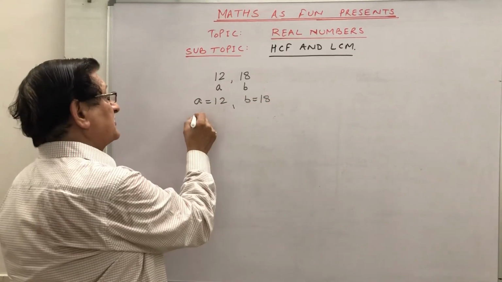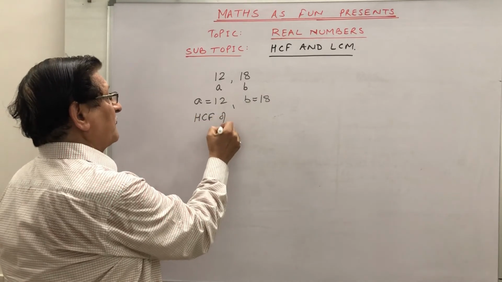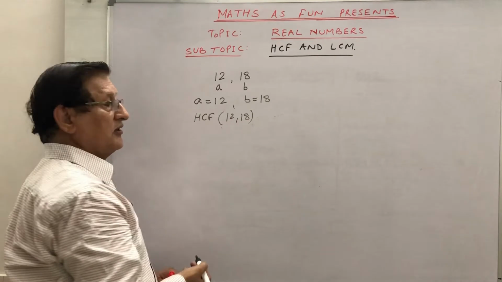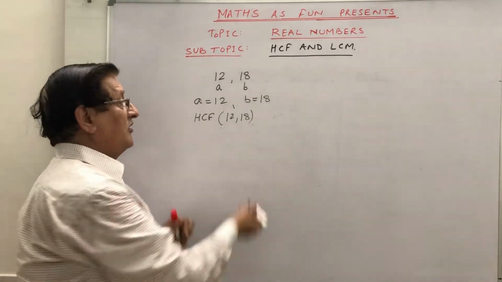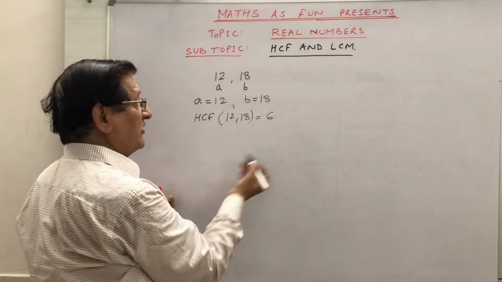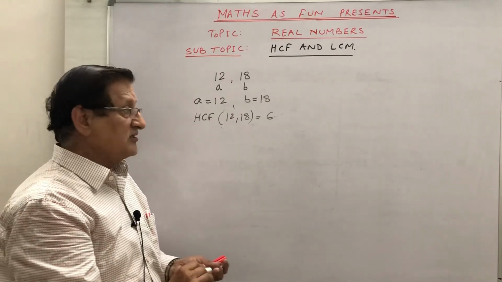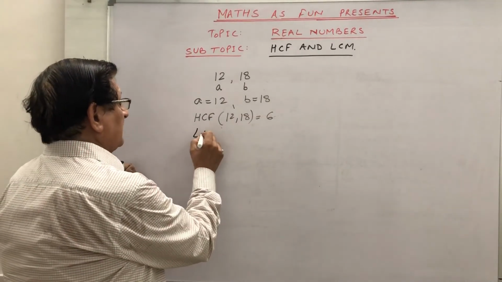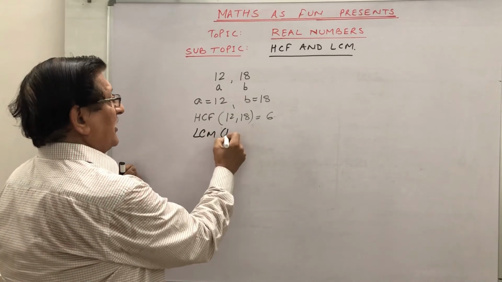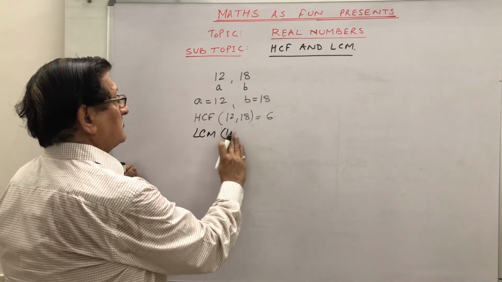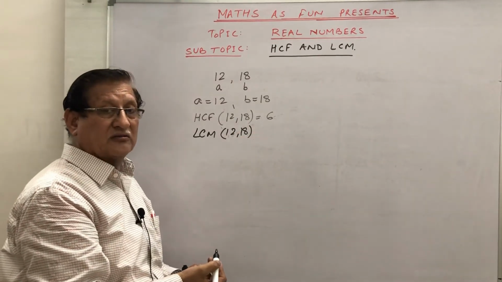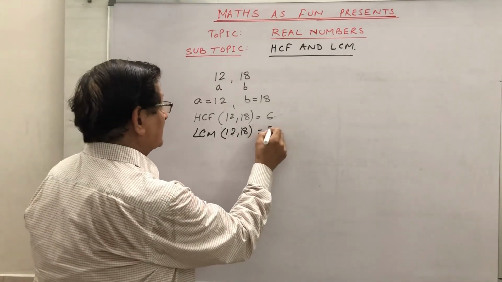If we find the HCF of both, HCF of 12 and 18, or we write HCF(12, 18), what is that? You know that is 6. You can find it very easily, that is 6. When you go for LCM of both the numbers 12 and 18, what you are finding is 36 is the number.